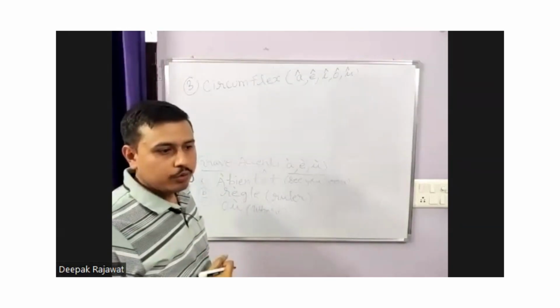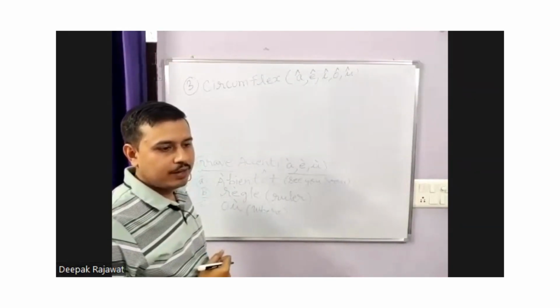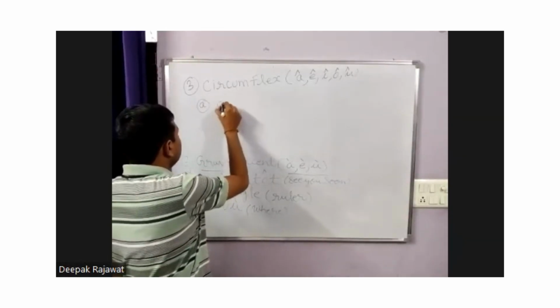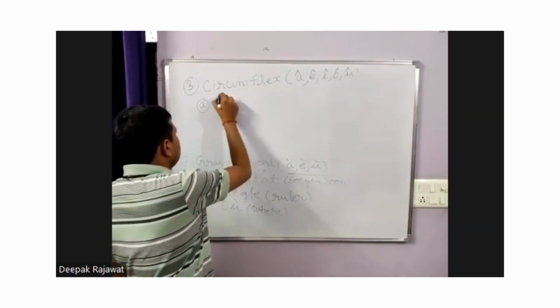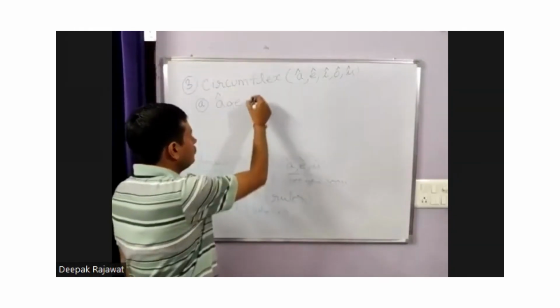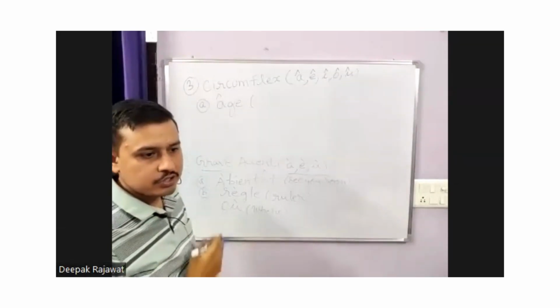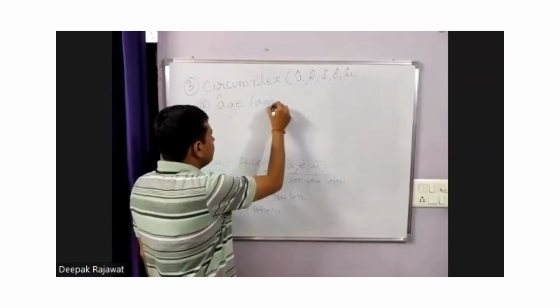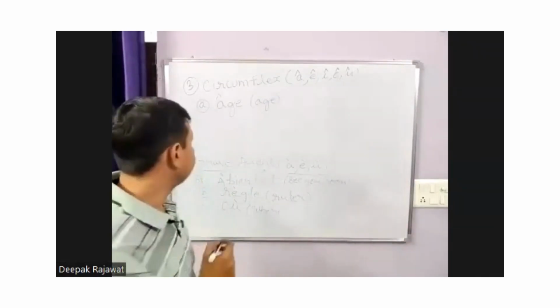So now we are going to take some examples of circumflex. Âge. No change in the pronunciation due to this accent. Âge is age.